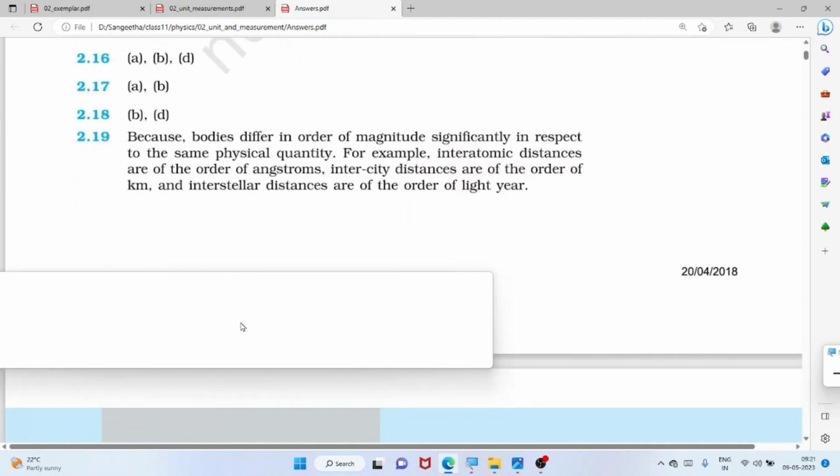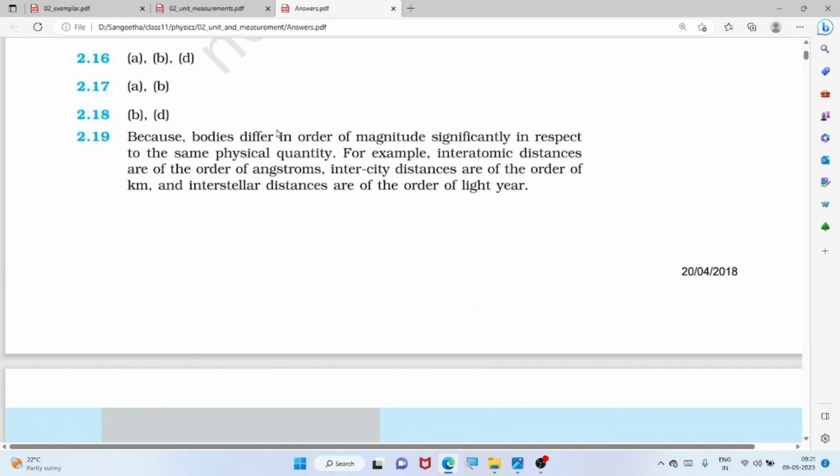Because they differ in order of magnitude significantly in respect of the same physical quantity.